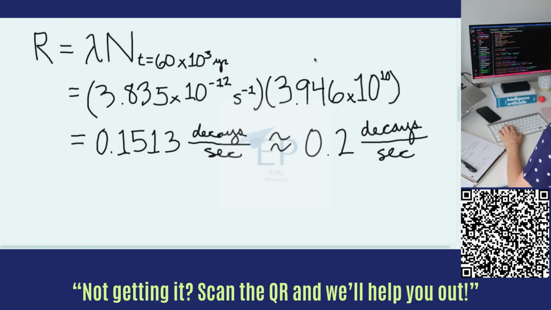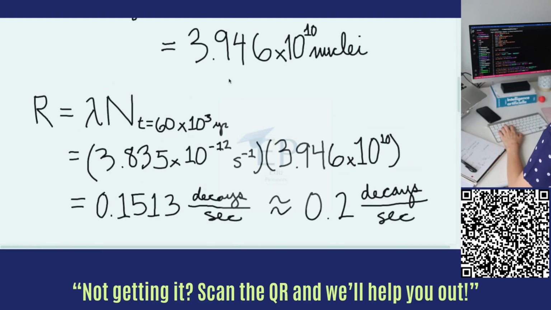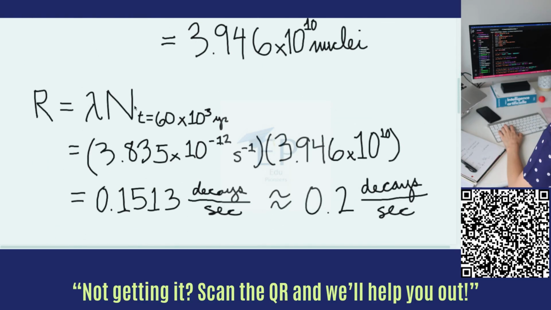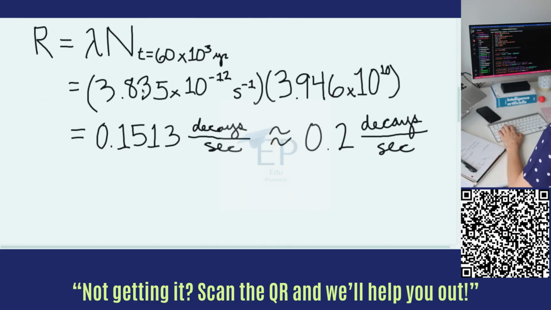And the final step is to find the activity based on that number of nuclei present today. To do that, we simply take the product of the decay constant that we found earlier times the number of nuclei today, which we just found in the previous step.